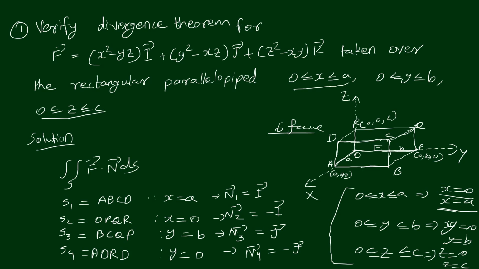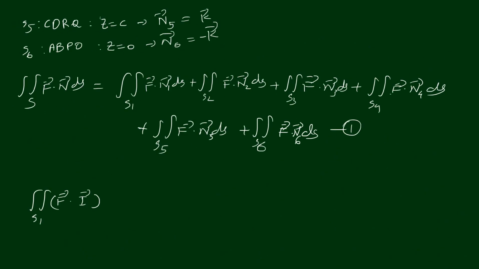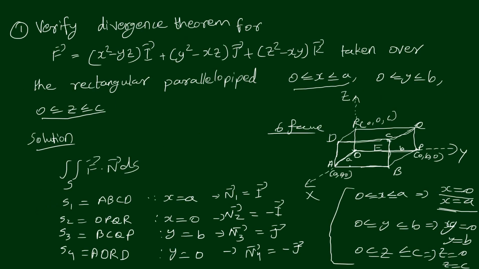So what is dS actually? For finding dS, we need to project it onto one of the coordinate planes. Since it is parallel to the YZ plane, we can project it onto the YZ plane. Project ABCD onto the YZ plane.